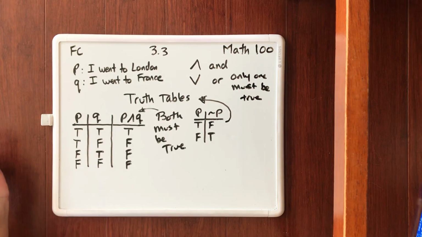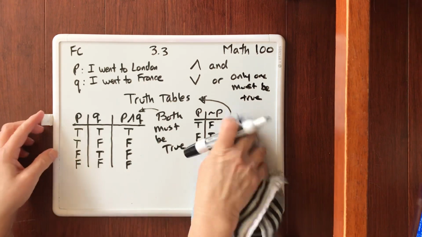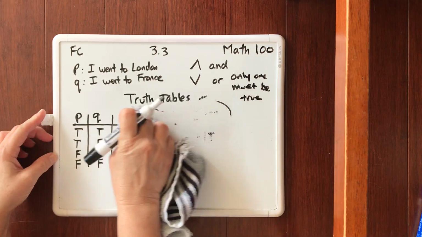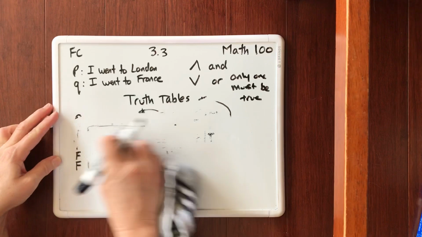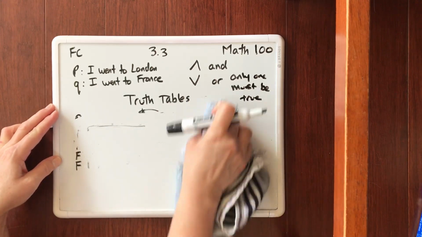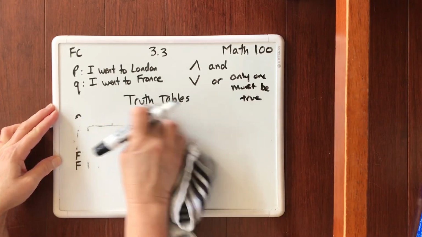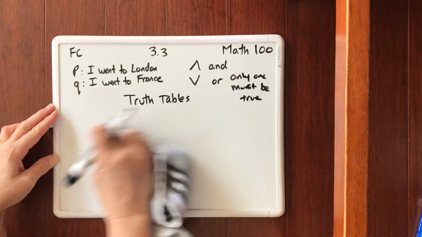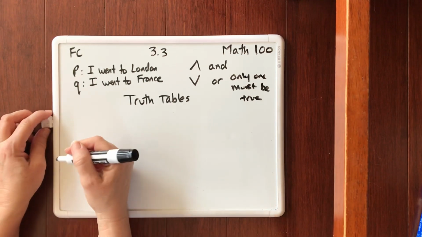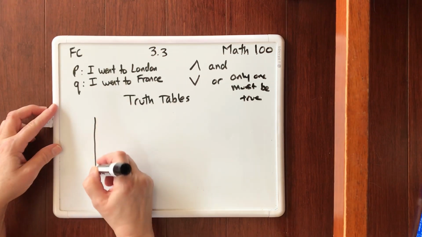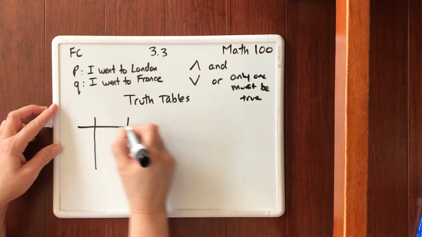So let's do another truth table. Now I'm going to show you while I do this truth table how we generally set up the truth tables to come up with every possible combination. So let's do another truth table. Okay.